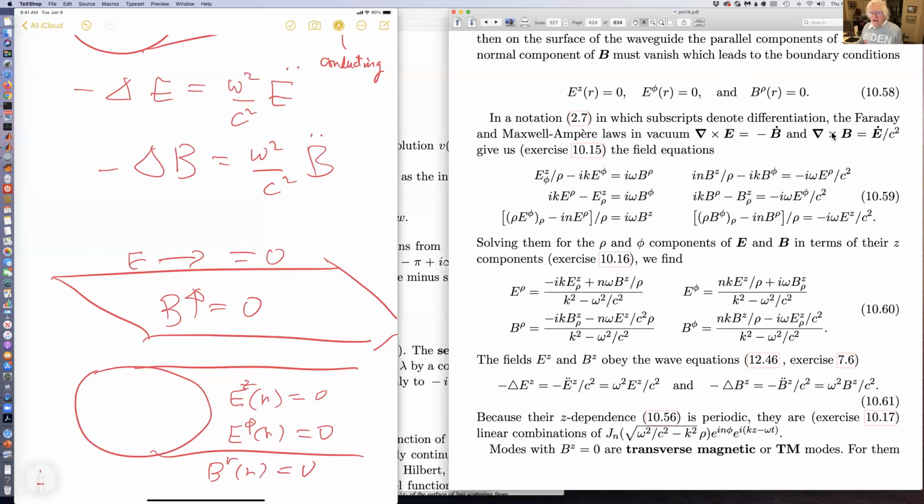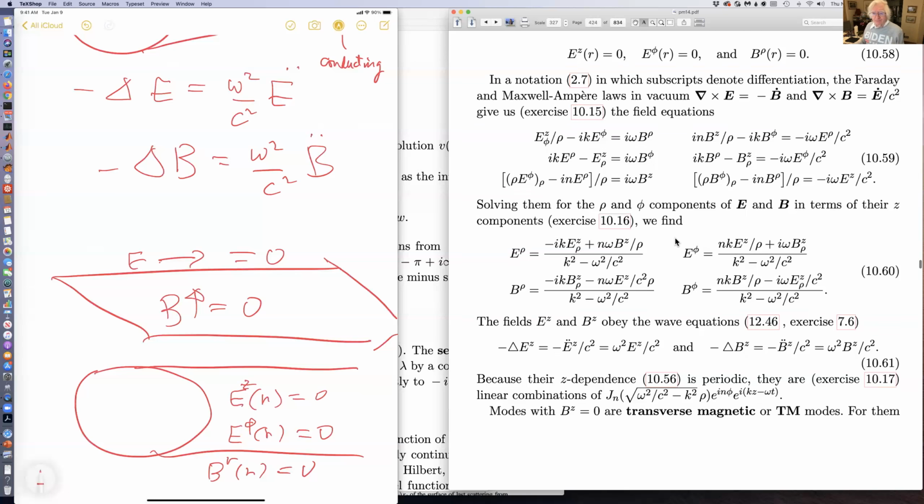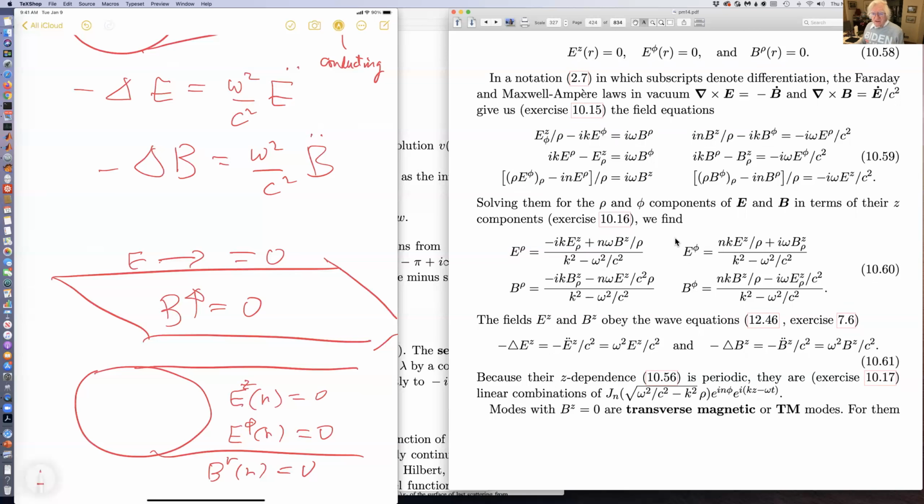Now, if you take Maxwell's equations, you can derive these equations, and these, of course, are the important equations for a waveguide. In fact, this is an exercise that I'm assigning for homework, so I don't want to do it for you. You've got 6 equations here.